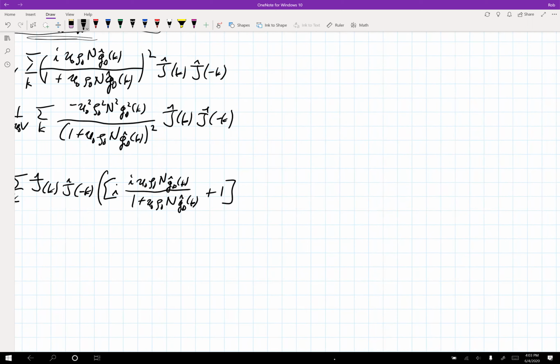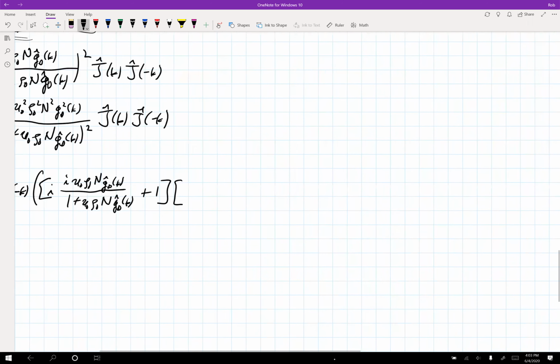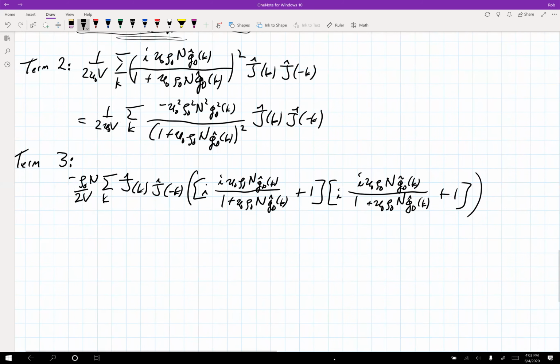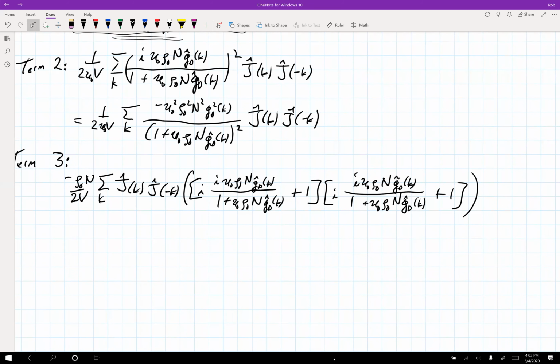And then now we have the same thing from the minus k term. Right, so then we have I u naught rho naught n and plus 1. All right, I think that's right.